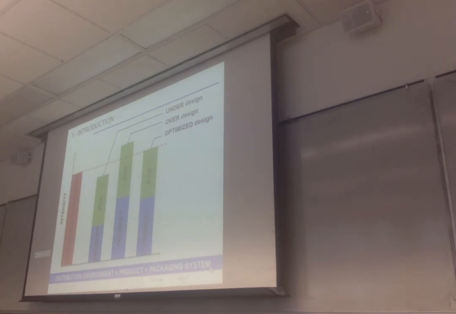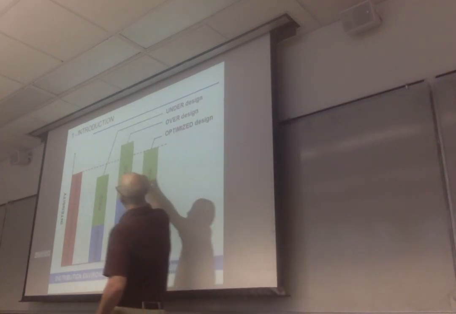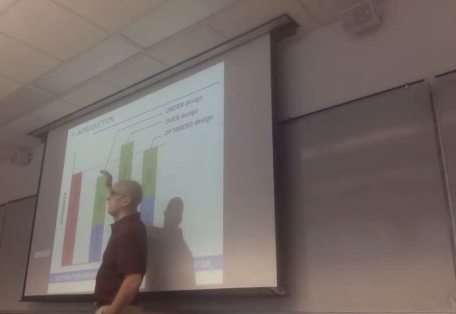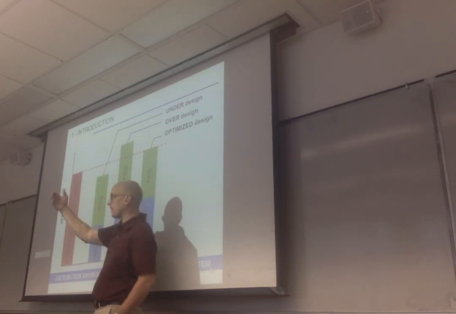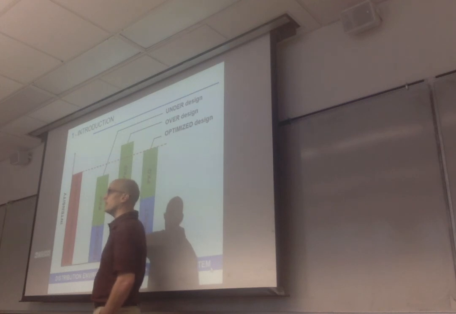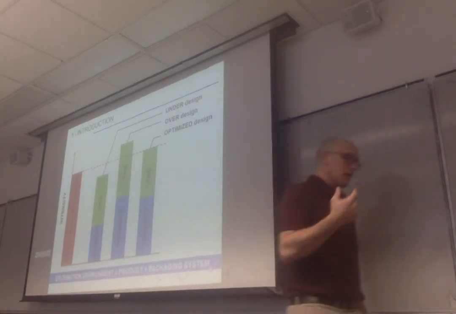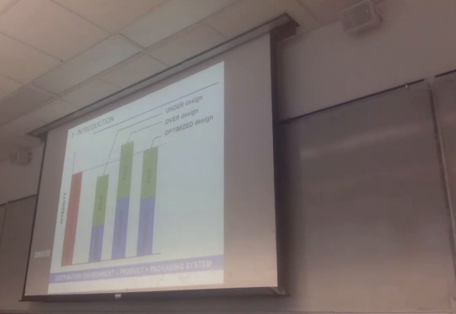But you cannot over-design, because if you do, you consistently pay for protection, for buying and shipping things that you don't need. And if you have small profit margins and you're working on volume, this is a big deal. So I'm going to stop here for today.